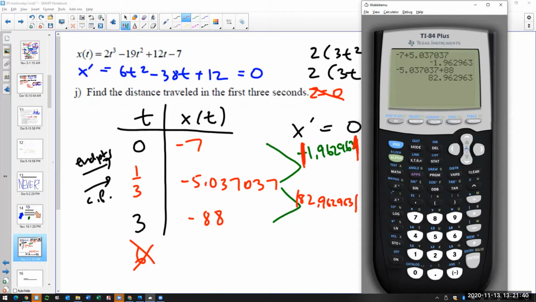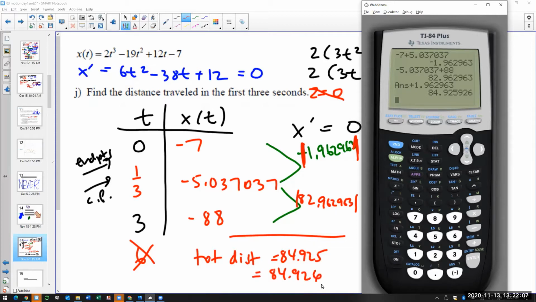Then I add these distances together, so I'm going to put plus 1.962963, enter, and that's my total distance. You want to go at least 3 decimal places. So total distance is equal to 84.925. You can truncate, which means just drop everything else after the 3rd decimal place, or you can round correctly. Either one, but you've got to round correctly if you do round. And that is my total distance.